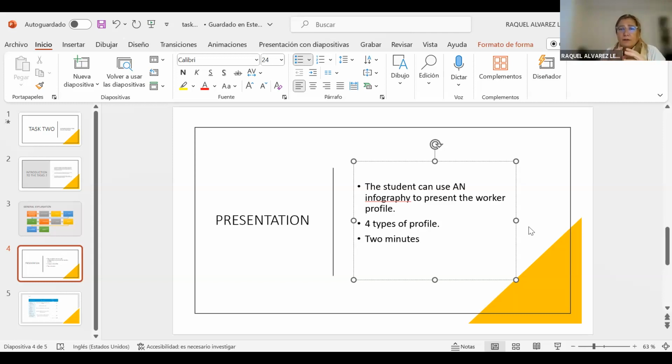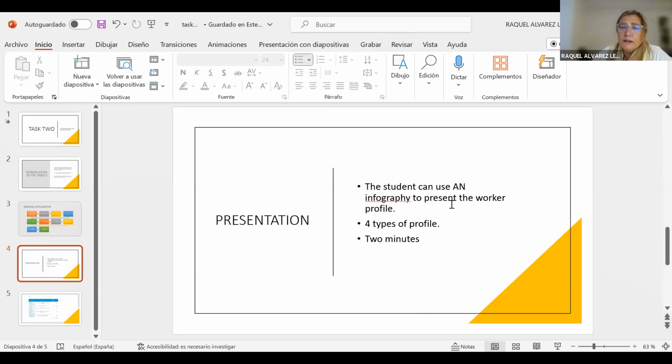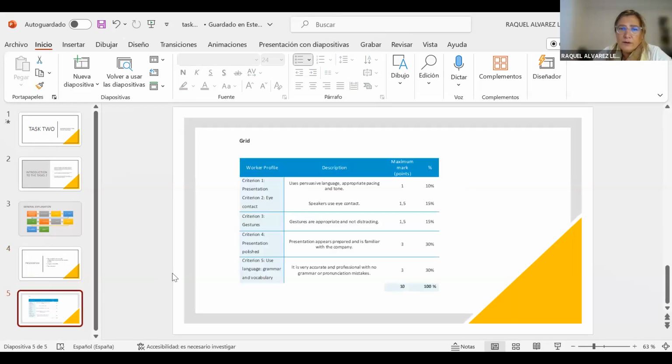So it has to be something very reduced, okay? And you don't have to make any video. In this presentation, the only thing you have to do is to present an infography, a digital mural, or simply a presentation with the worker profile you are looking for, but you don't have to record any video, okay?